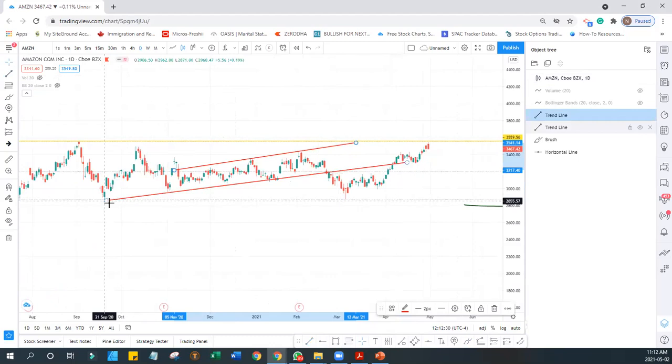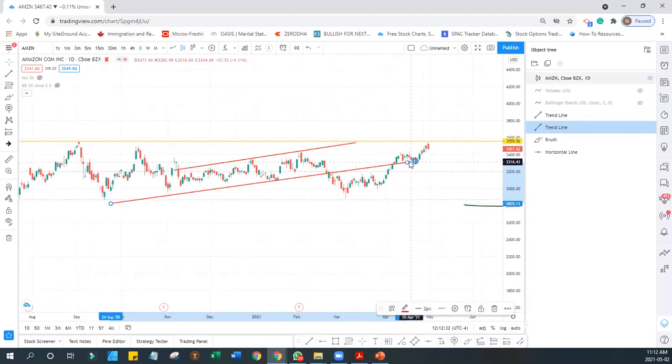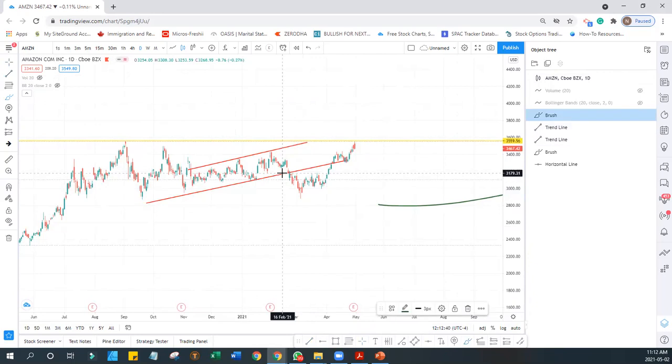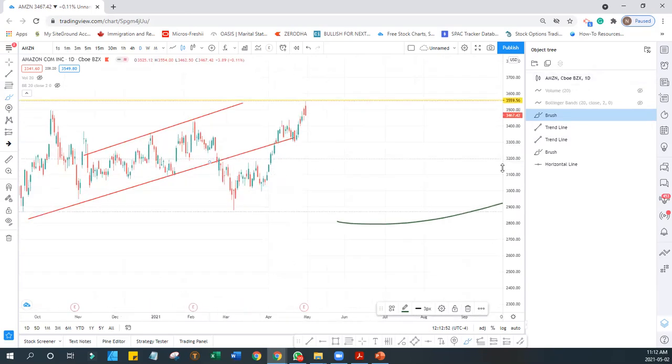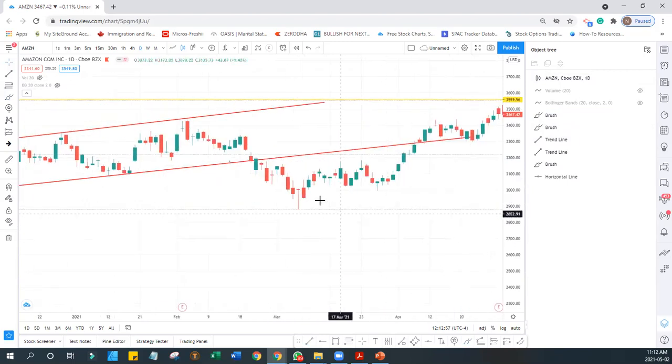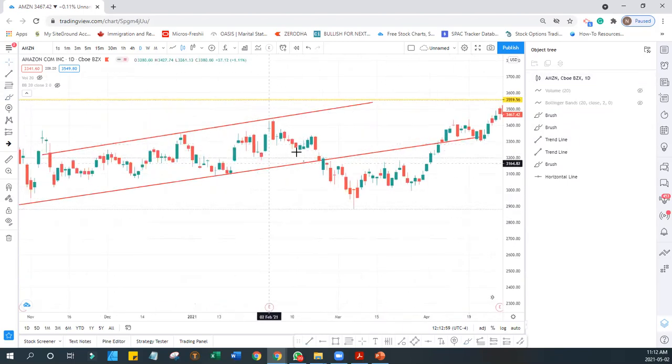If you see here, the price broke the trend line, because it was making higher highs and higher lows, and when it came back like here, it broke the trend line.